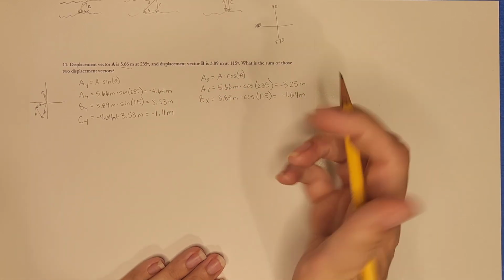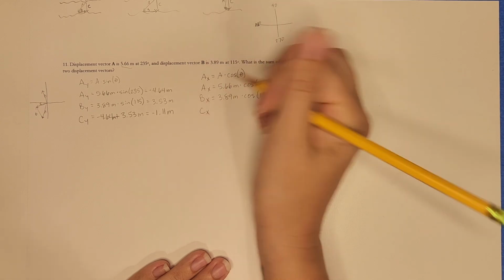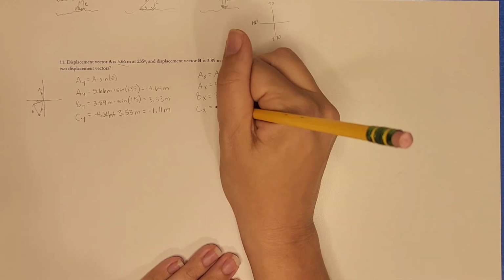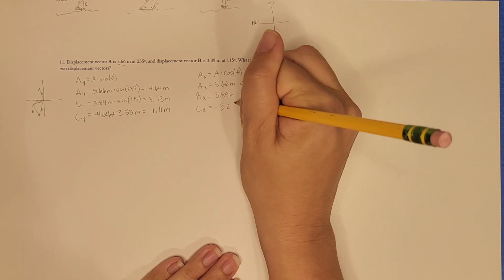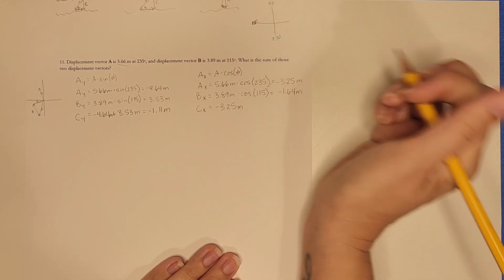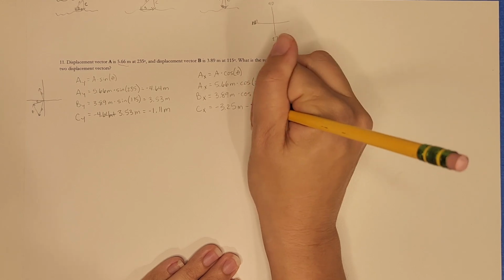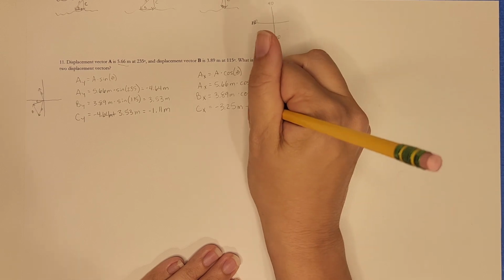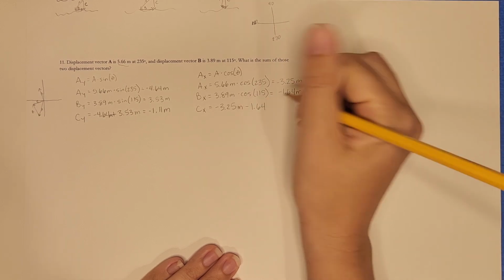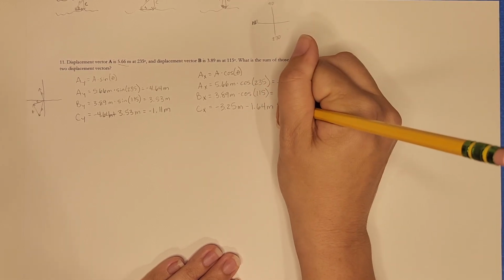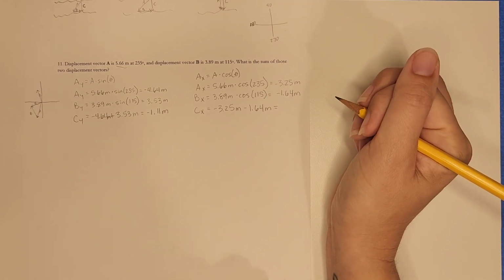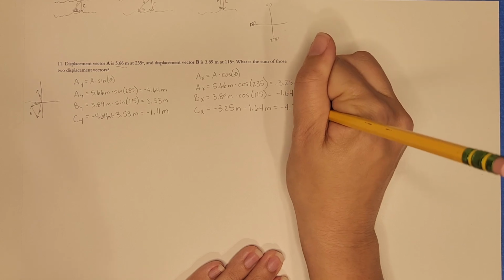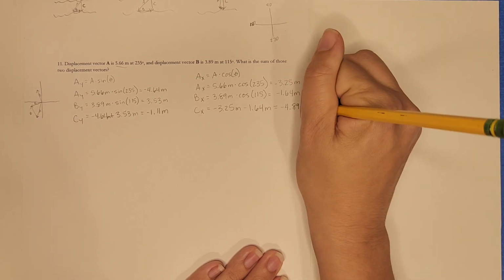I'm going to go ahead and do my x. So my x value is going to be negative 3.25 meters plus a negative, so I'm just going to say minus 1.64 meters. And with that, I get negative 4.89 meters.